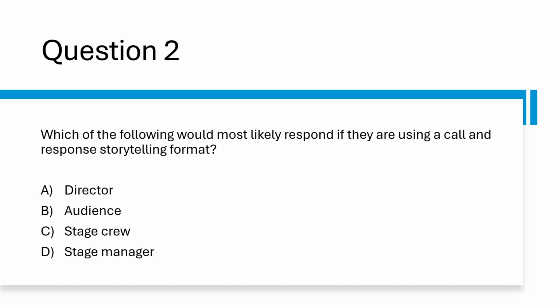The likely set that would be left is the audience, because the storytelling is being done for the audience, and so the likely people who would respond would be the audience. And so the answer here is B. I'm sure that was an easy one, that you would have gotten if you were watching along with me and trying to answer. So let's jump to the next question.